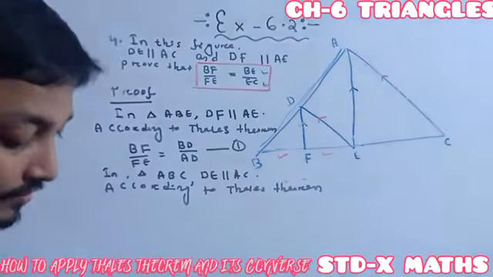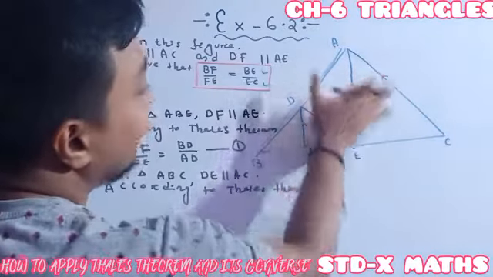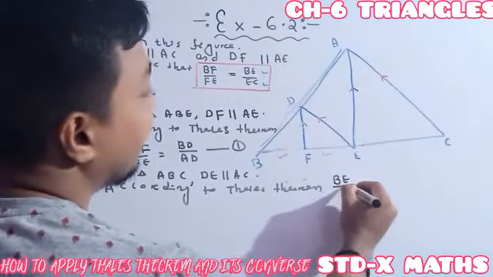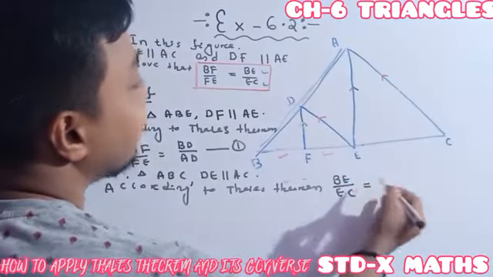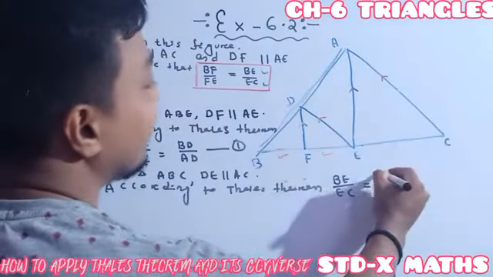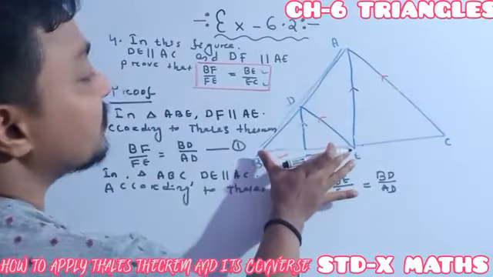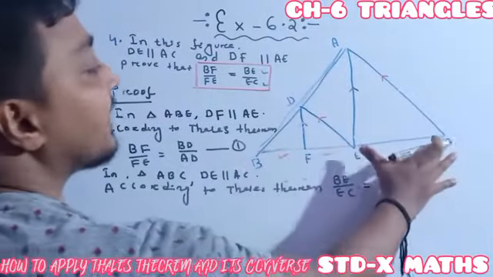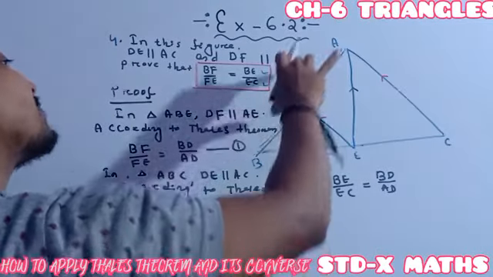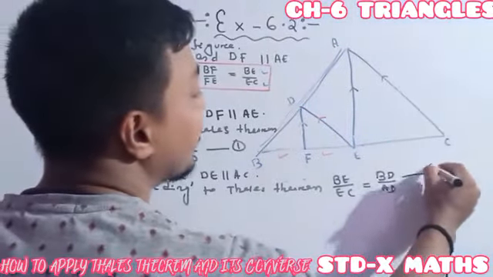According to Thales theorem, this one divided by this one, for the total triangle, means BE divided by EC, which will match with BD divided by AD. This one is the little one for the larger triangle, this one is also the little one for the larger triangle. Make it equation 2.